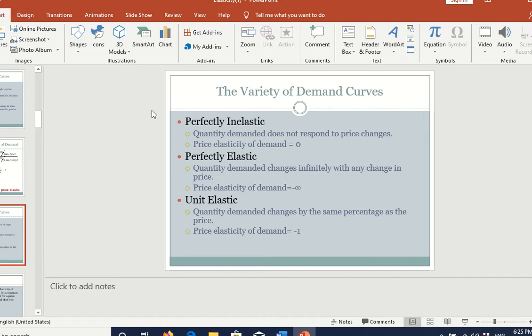As you can see, this is a very extreme case, which means it is hard to find examples in real life. Okay? But we can find examples that are close to perfectly inelastic. Can you think of some examples?